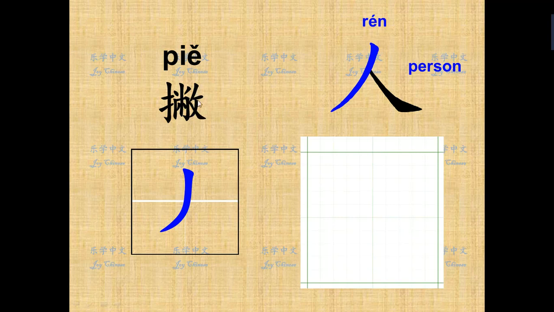Again, the shape and size of them are different depending on how you're going to arrange your characters. Here we see there's a very small one. It's 撇. So we start from the top to the bottom. This is 撇.